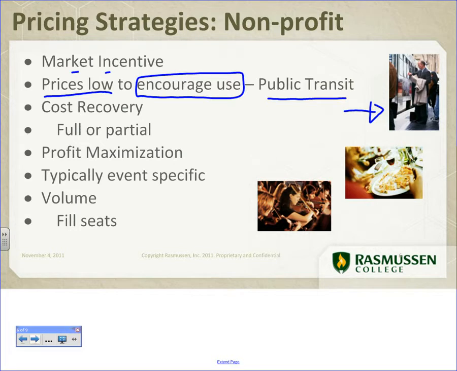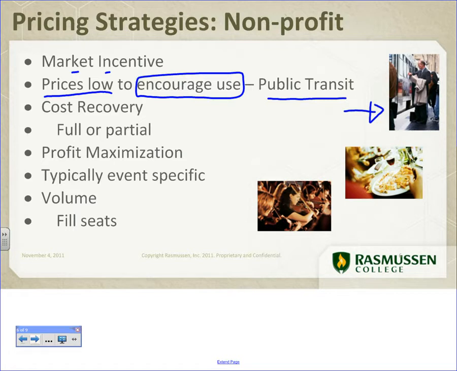And since this is a nonprofit organization, they have to make up the cost somewhere if it's costing them money to provide the service. Typically, these costs are made up through, well, in the case of public transit, taxes. If you have a nonprofit organization that gets grants and donations and things like that, you will find that they're subsidized that way. Another pricing objective for a nonprofit is cost recovery.